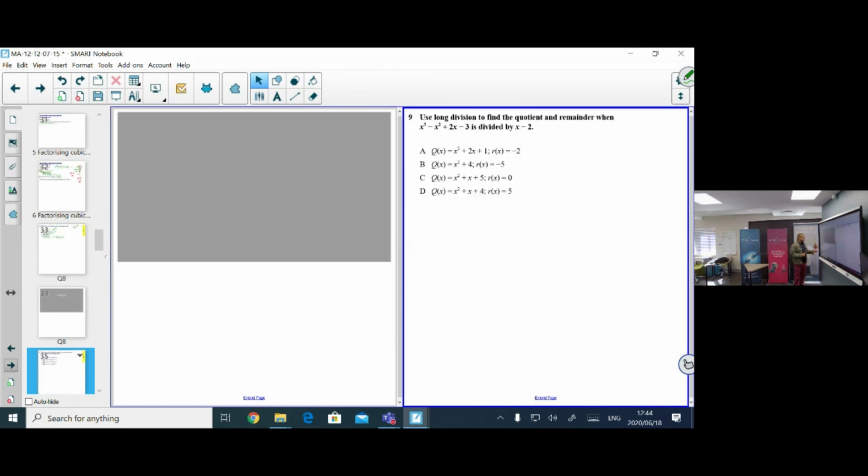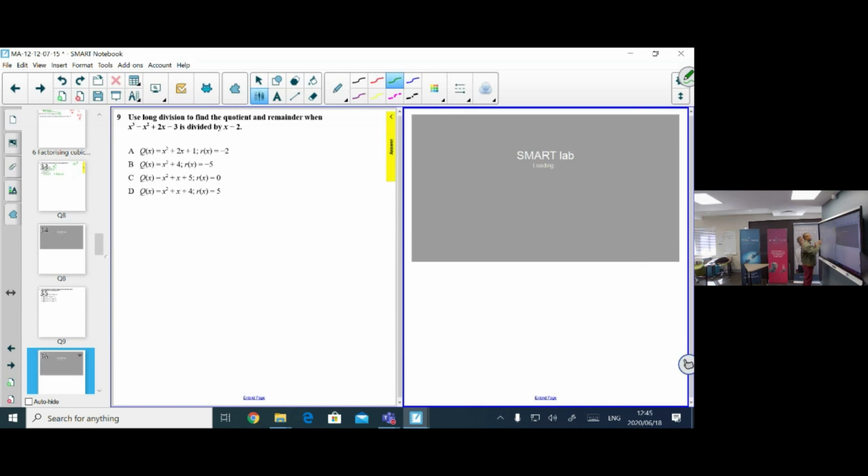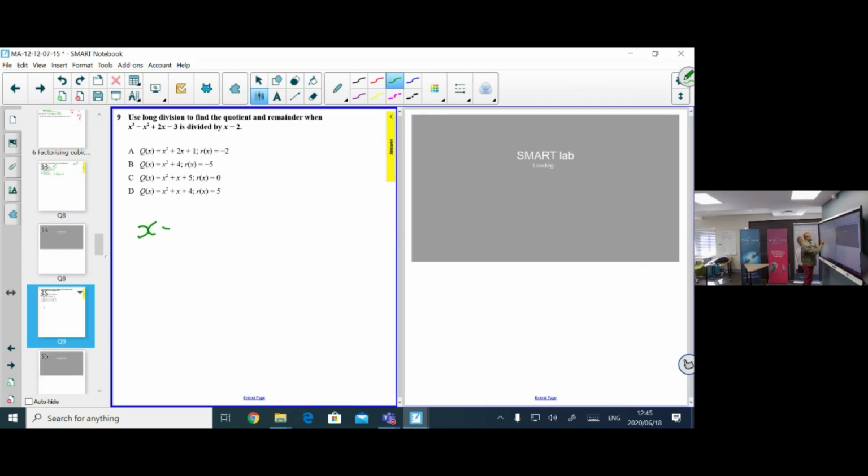Okay, let's check one of our last questions. Use long division to find the quotient and remainder when that is divided by that. So use your long division, which should be something like x minus 2 into x cubed minus x squared plus 2x minus 3.